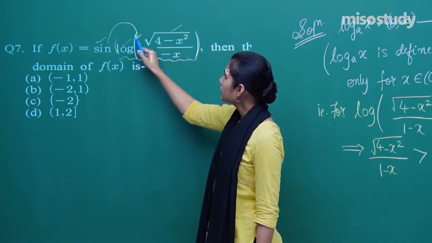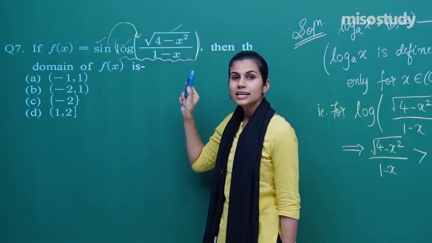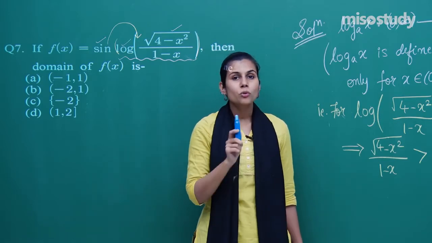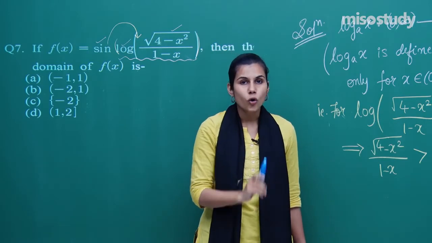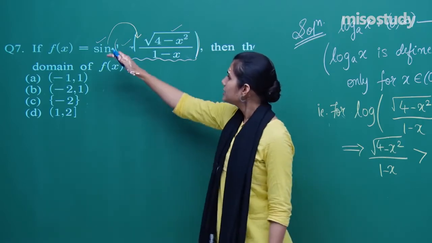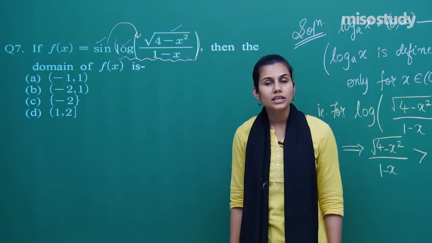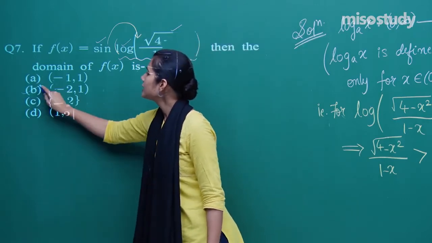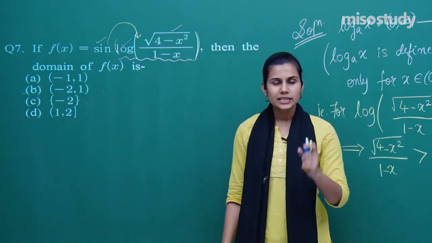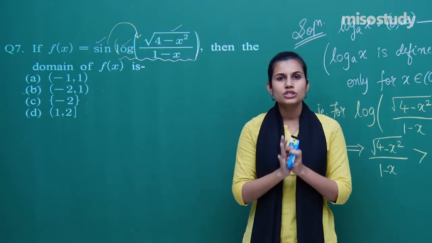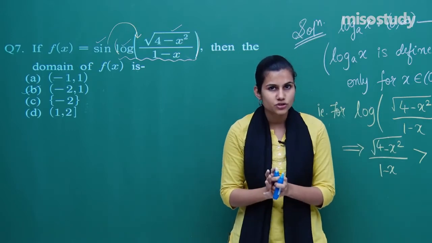This expression is real only when x satisfies the condition that x belongs to the open interval minus 2 comma 1. And so only for these x's is this entire function going to deliver real values, and therefore minus 2 comma 1 given by option number B is the correct answer. That is the logic which is used behind solving this question.